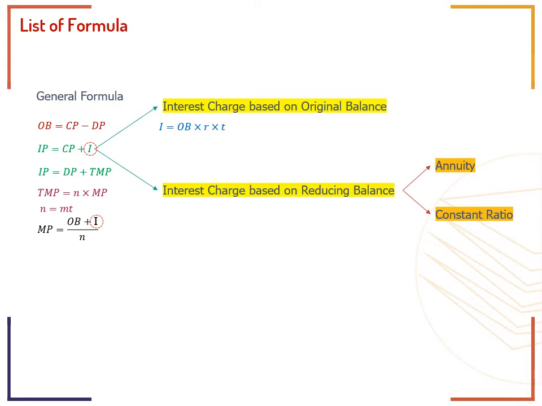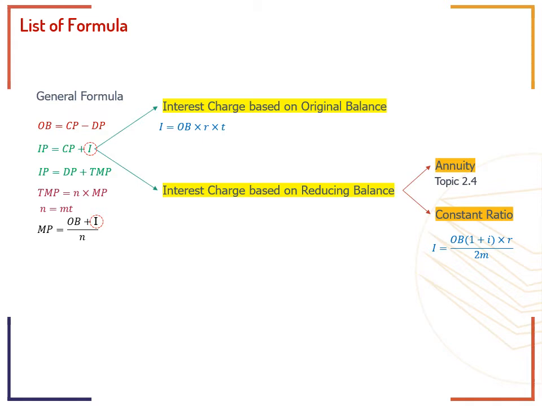For the annuity formula, we already covered it under topic 2.4. For constant ratio, the formula is I equals original balance multiplied by 1 plus I, multiplied by R, divided by 2M.